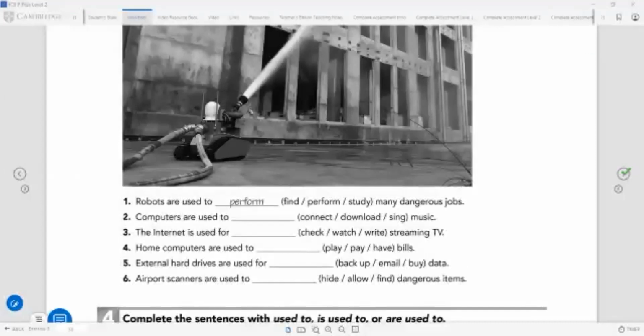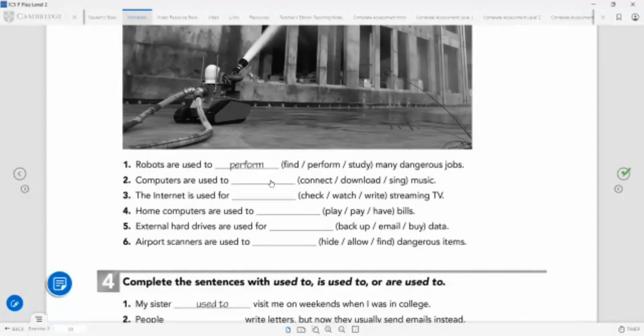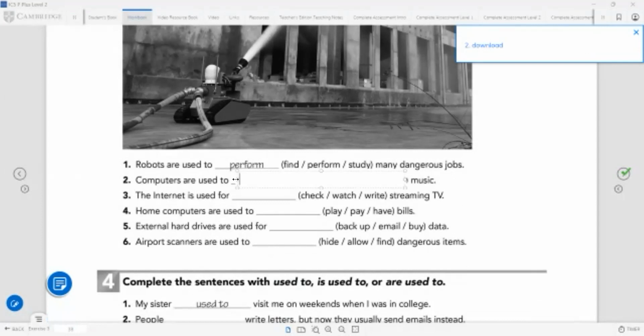Let's check the answers. In this case, the first one is download. So computers are used to download music.